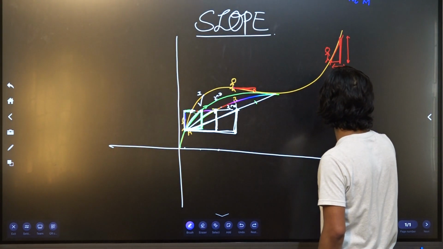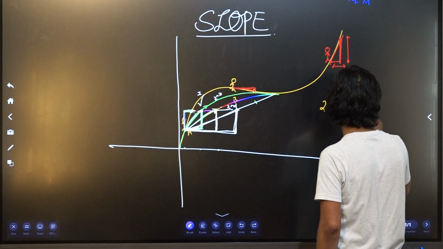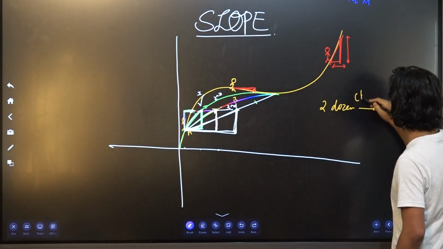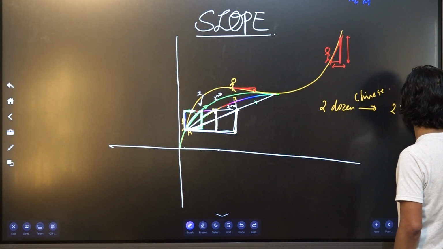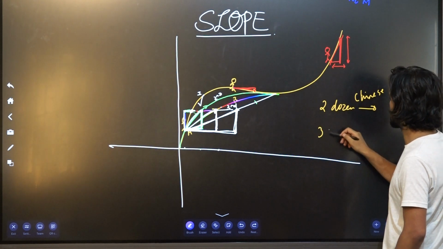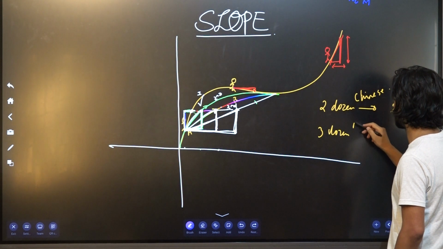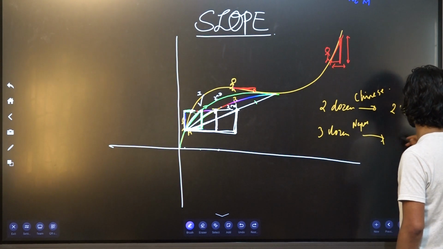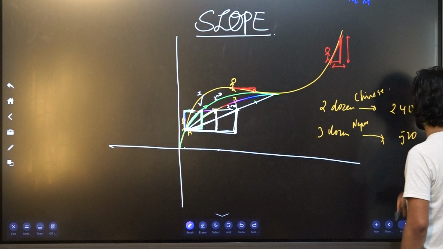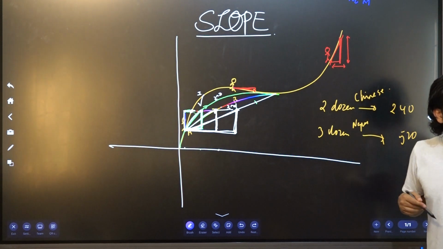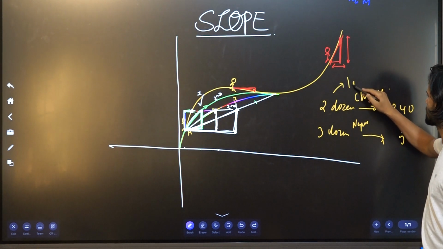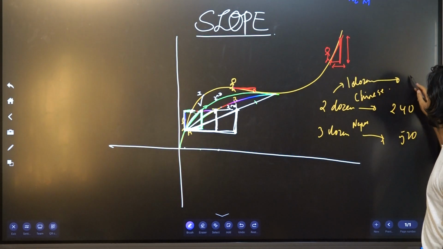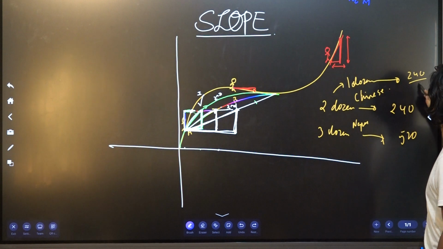For example, if you get 2 dozen Chinese apples for Rs 240, and 3 dozen Nepali apples for, let's say, 520, to compare you have to find the ratio. For 1 dozen Chinese, how much does it cost? 240 divided by 2, which is 120 rupees per dozen.